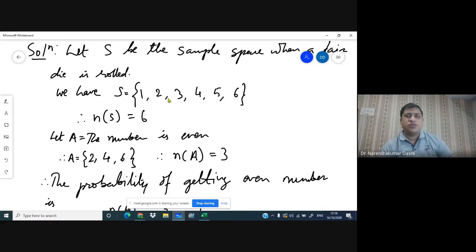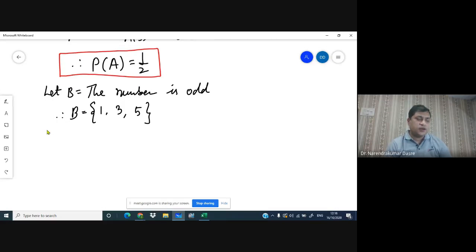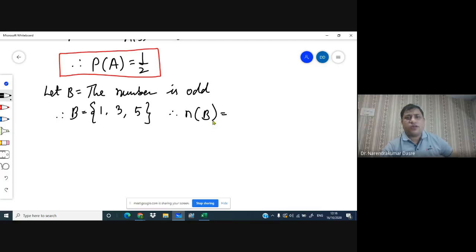Here, the odd numbers are 1, 3, and 5. So in event B, we get these odd numbers. The number of observations in B is equal to 3.